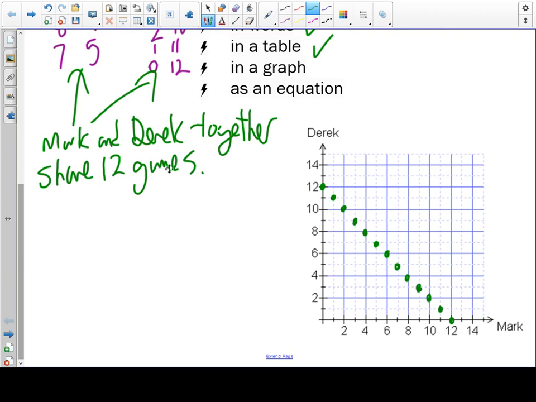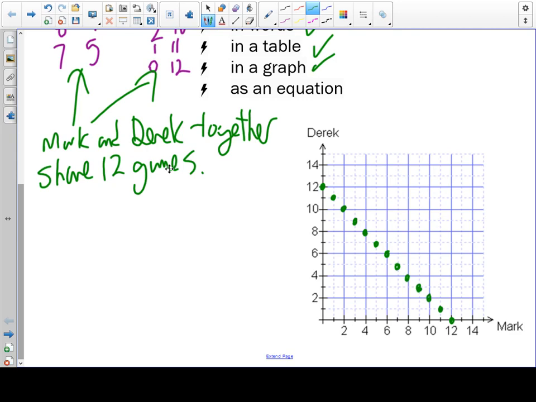Now, we can also represent this as an equation. So how will we do that? We have Mark and we have Derek, and it is an equation.